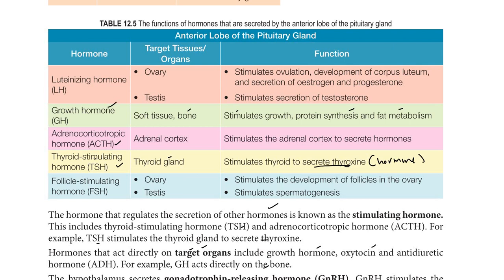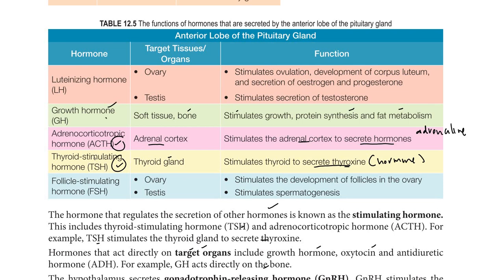Same with ACTH. When it acts on the adrenal cortex, it will stimulate the adrenal cortex to secrete hormones, in this case, for example, adrenaline. So these two hormones are known as stimulating hormones because they stimulate the target tissue or organs to secrete another hormone.